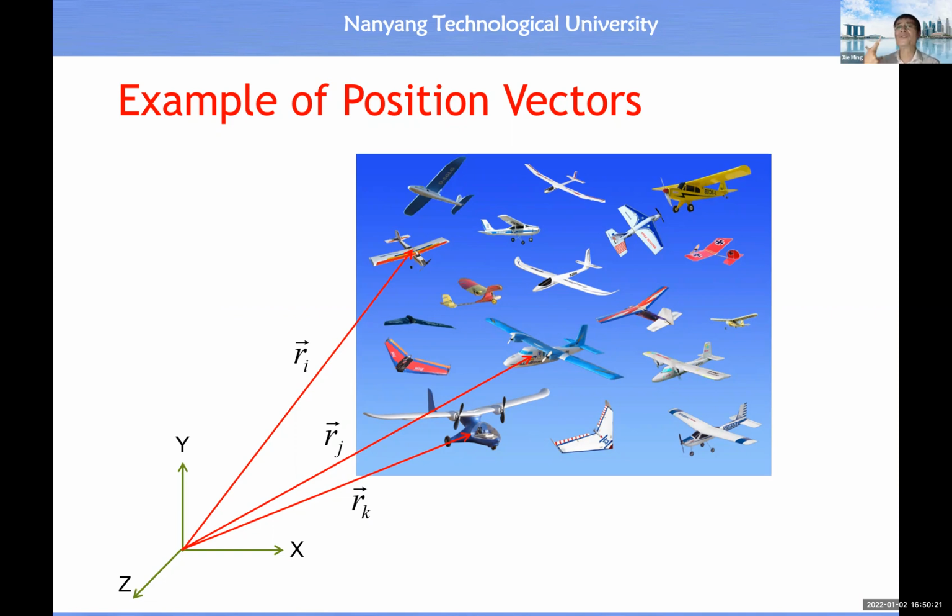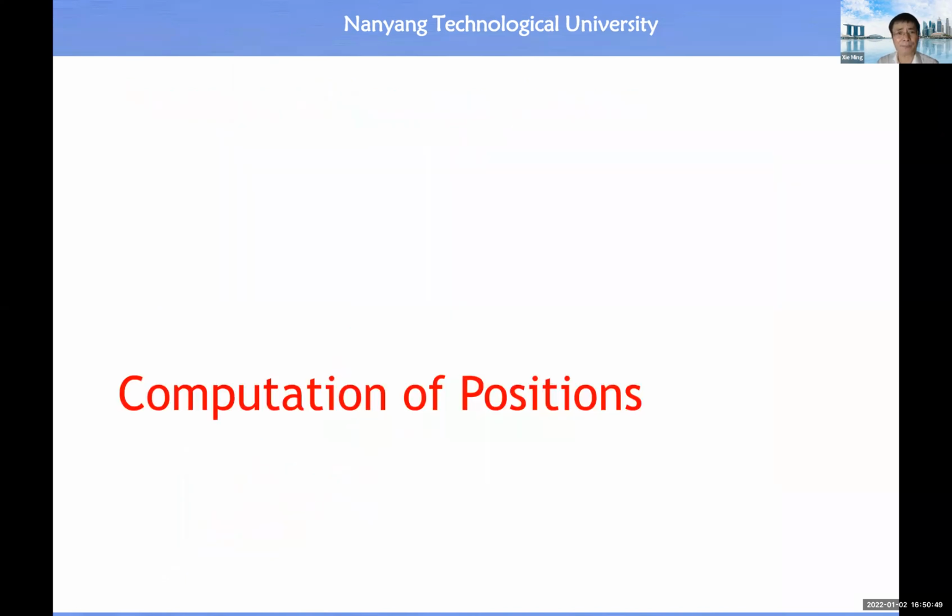Therefore, the position of the rigid body is equal to the position vector of the origin of the local coordinate system with respect to the global coordinate system, all right? Because we assign a local coordinate system to each rigid body, the origin of the local coordinate system represents the position of that rigid body, right? So this is a convention used in the study of a mechanical system, all right?